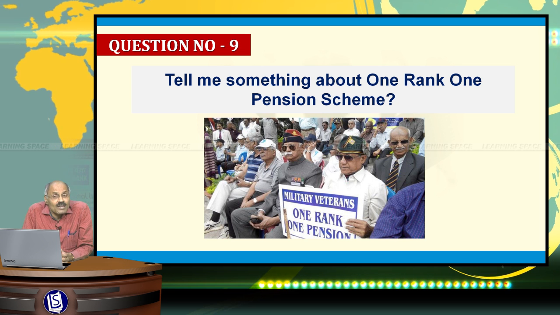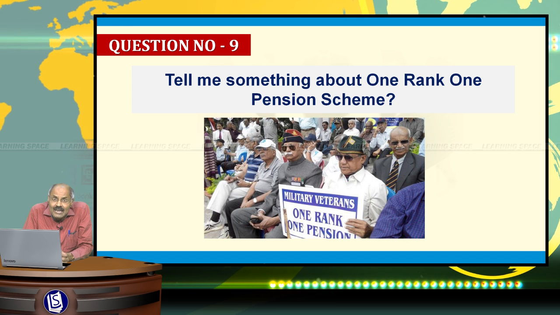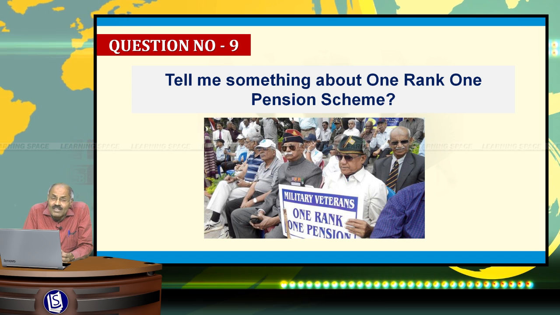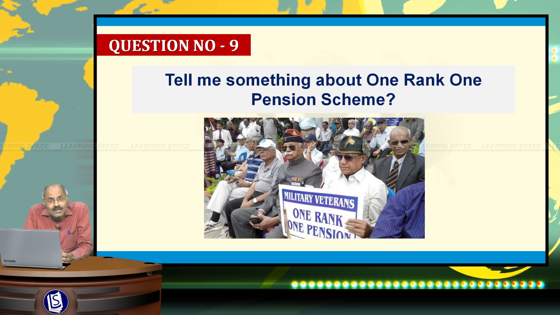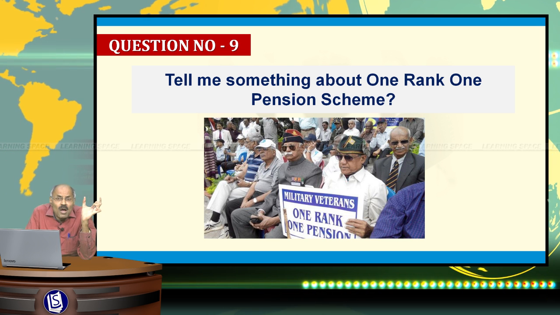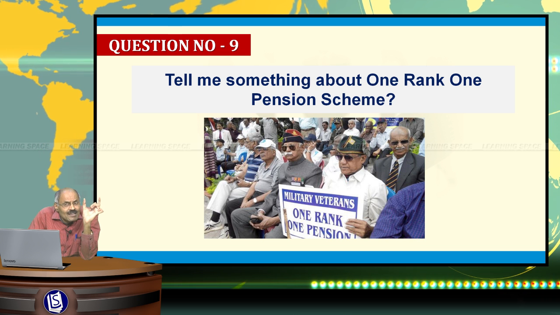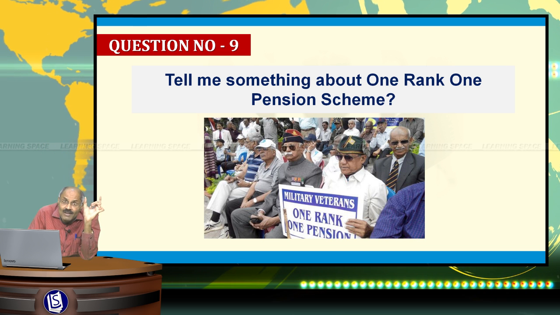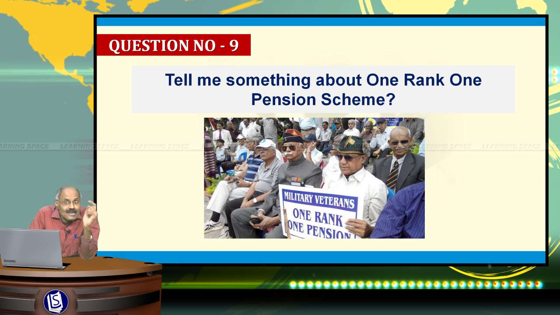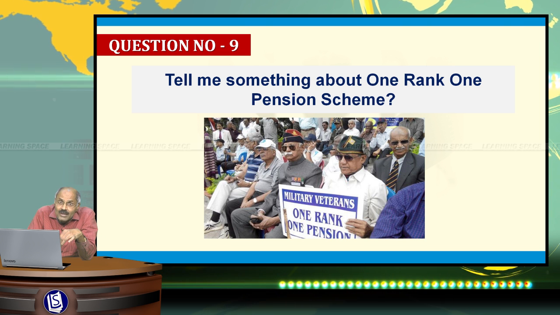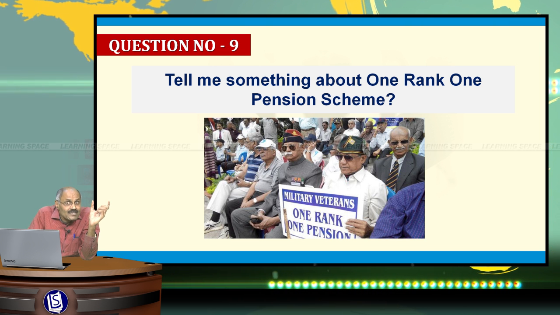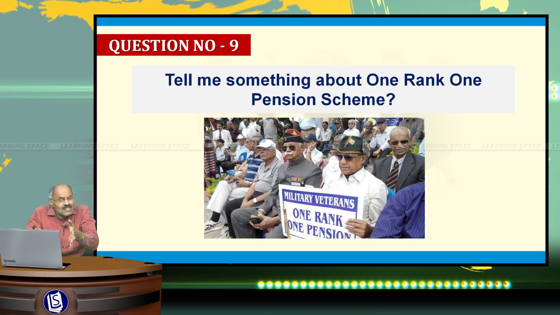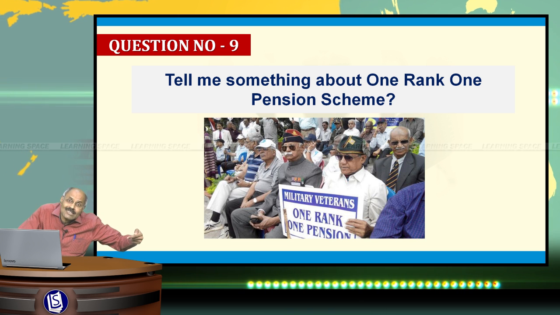Tell me something about the One Rank One Pension scheme. This scheme is basically with a view to ensure that persons who have completed an equal length of service with equal rank get equal pension. Let us assume a situation: a Havaldar in the army put in 20 years of service and retired in 1980.